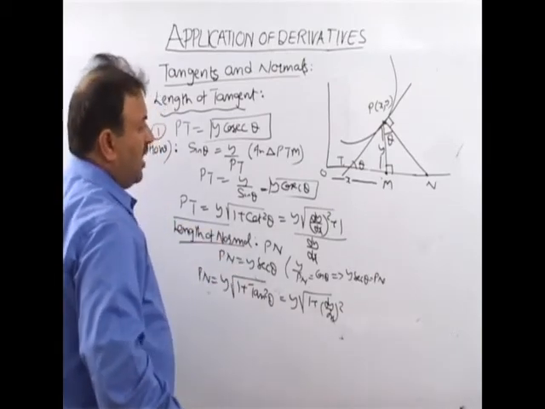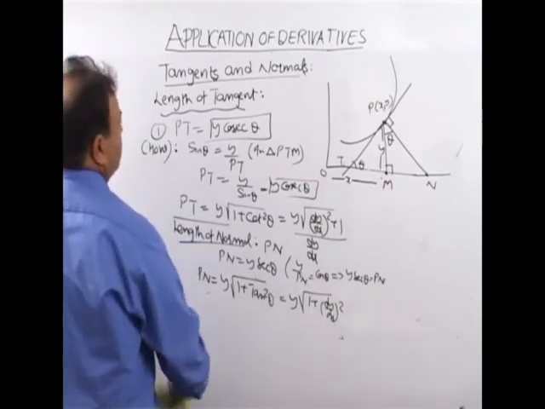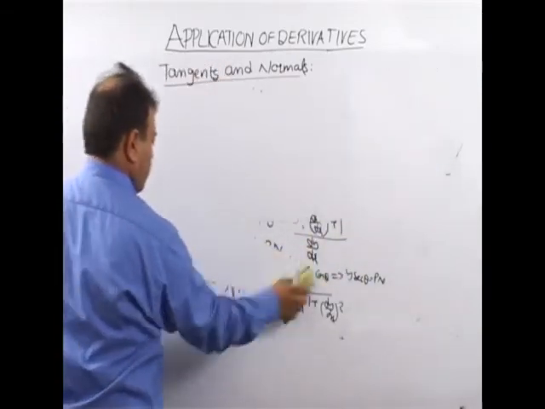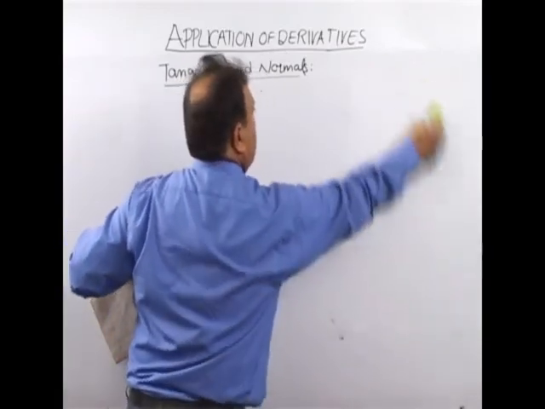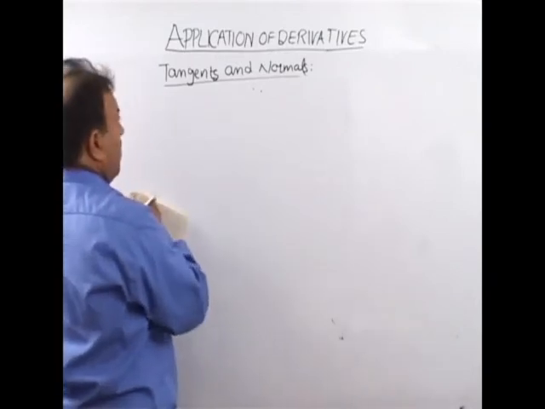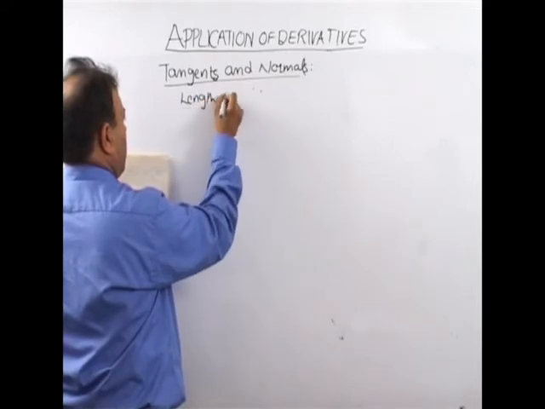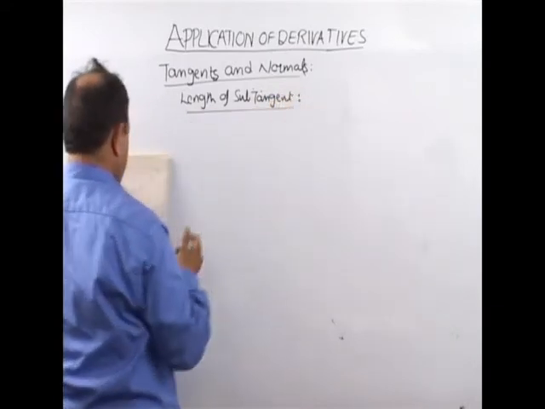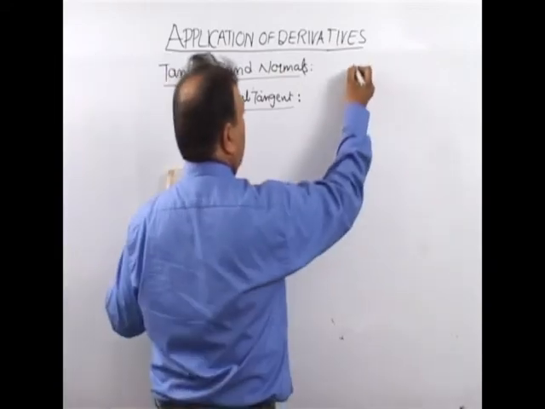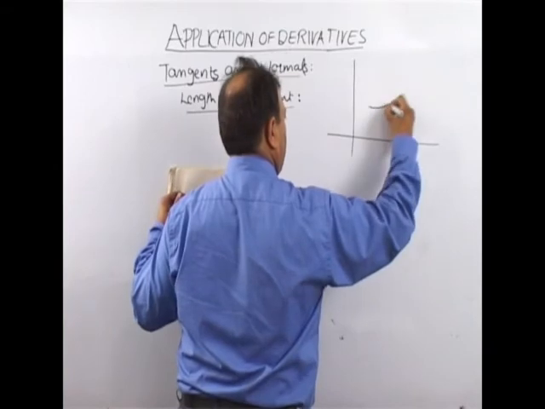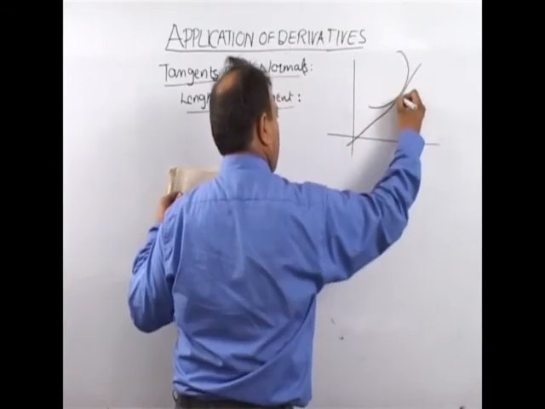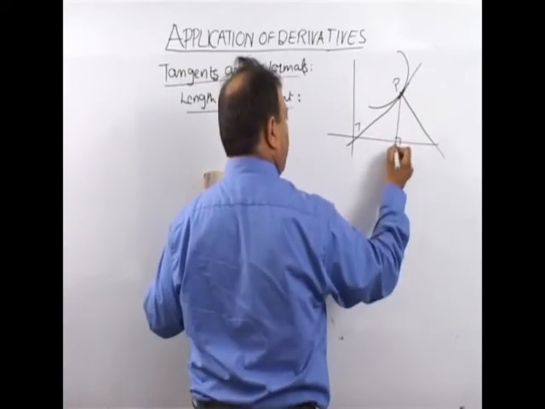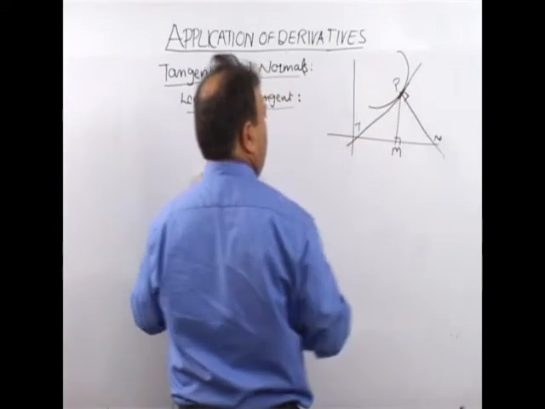The next is length of subtangent. This is P, this is T, we draw a perpendicular, this is M, this is N. This is PT.